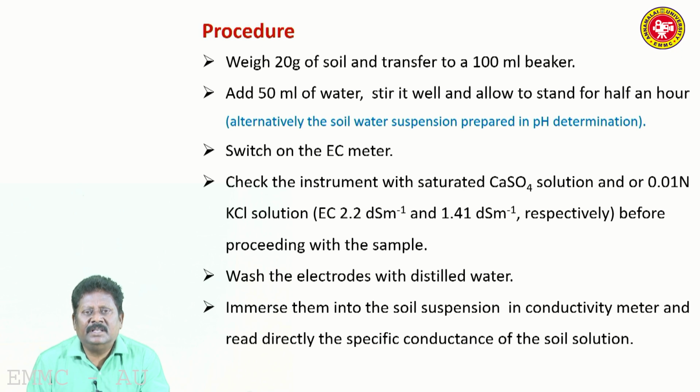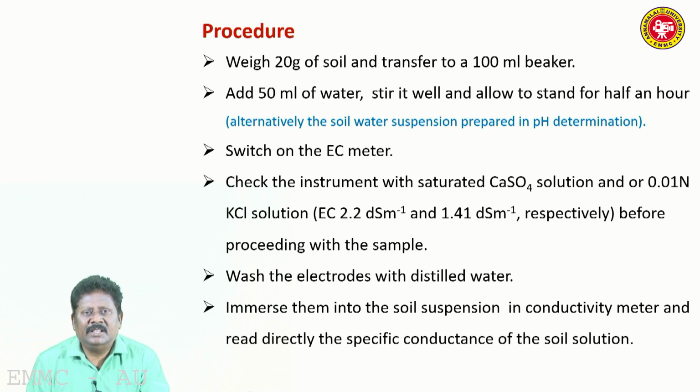I repeat the procedure: weigh 20 gram of soil, transfer to a 100 ml beaker, then add 50 ml of distilled water, put a glass rod, and stir it intermittently for half an hour. Otherwise, the same soil water suspension prepared for the pH determination can also be used for EC determination.